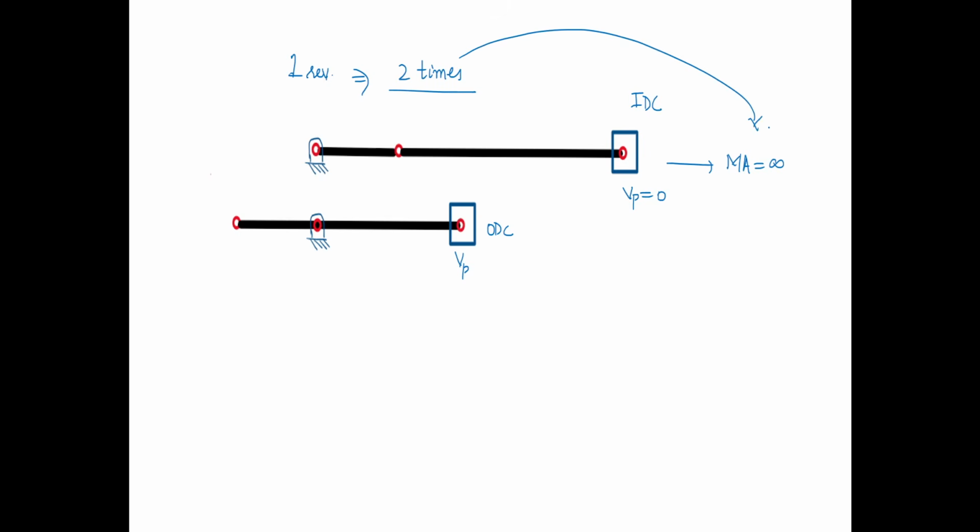Mechanical advantage equal to infinity is a situation wherein you are supposed to take the leverage by giving small inputs, and that will yield higher output.